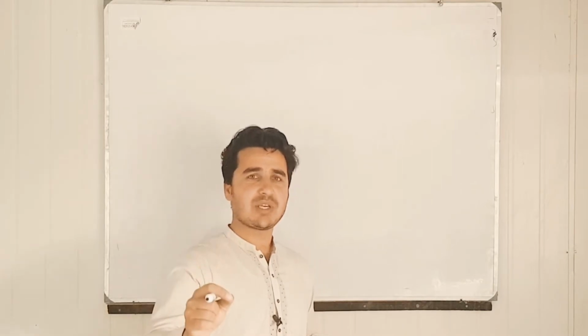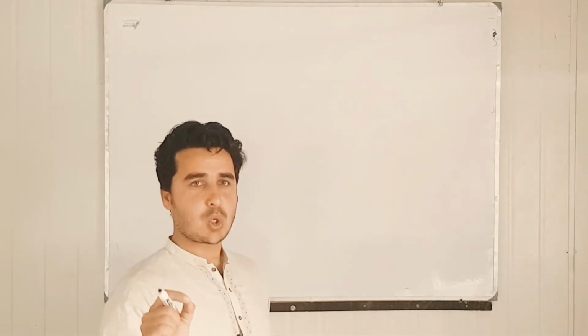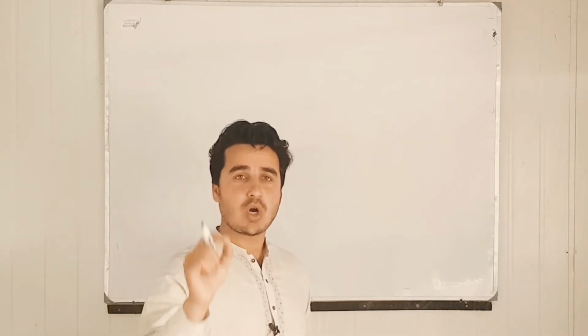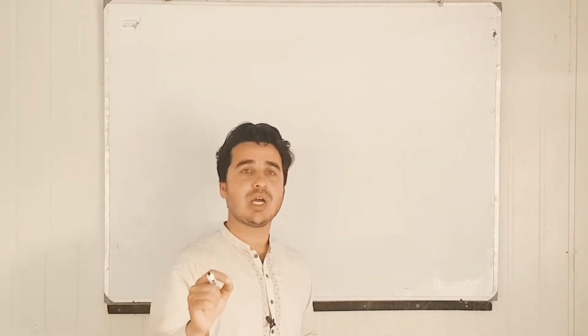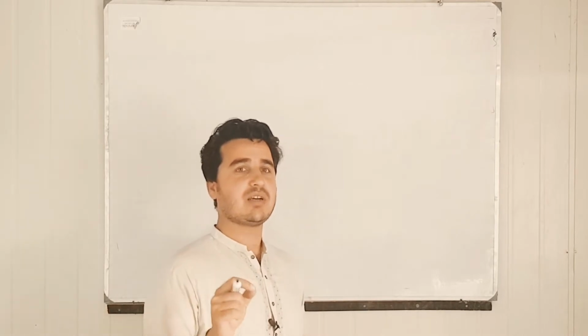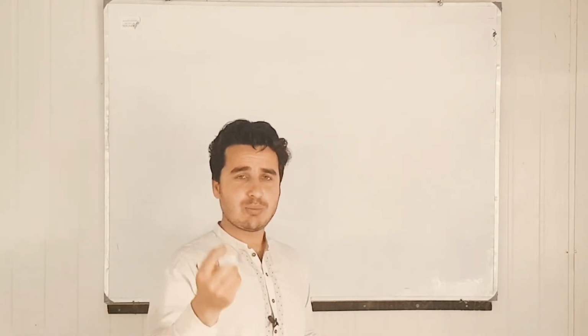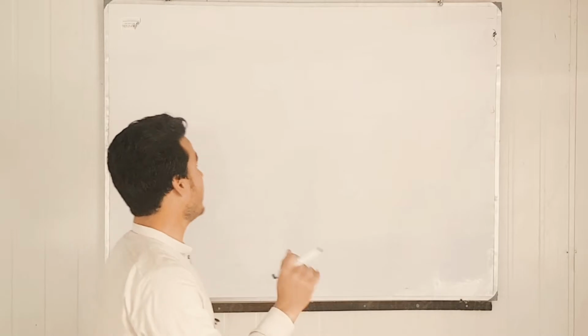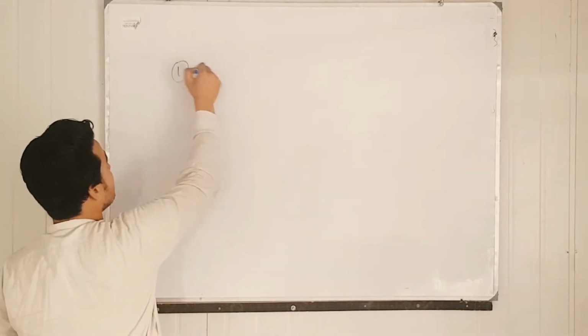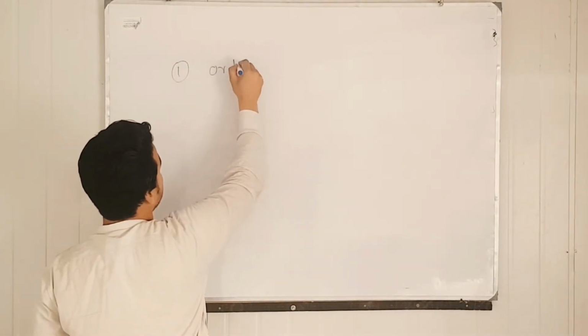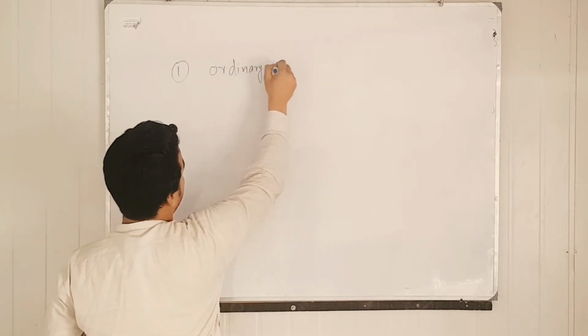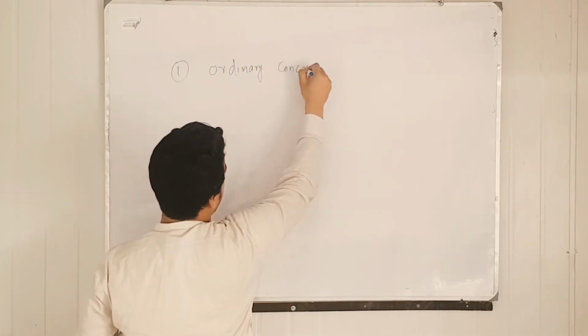So today's topic is about the types of concrete and the required water cement ratio, or the required water quantity per bag of that concrete. Okay, so basically there are three types of concrete. Number first is ordinary concrete.